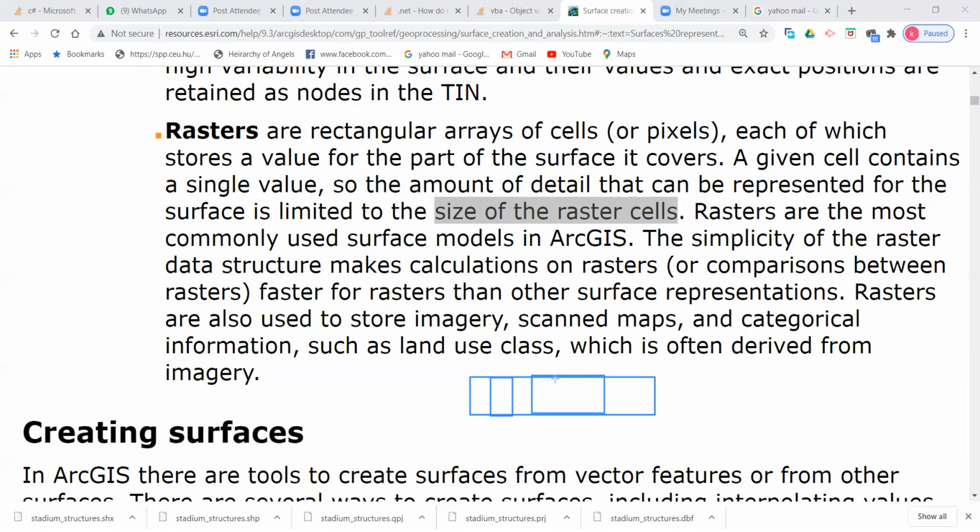But obviously, if I divide an area into this number of squares, and I'm going to be recording a single value per cell, think about a temperature surface. The smaller the squares, the more detail I can get, the more variation I will have.